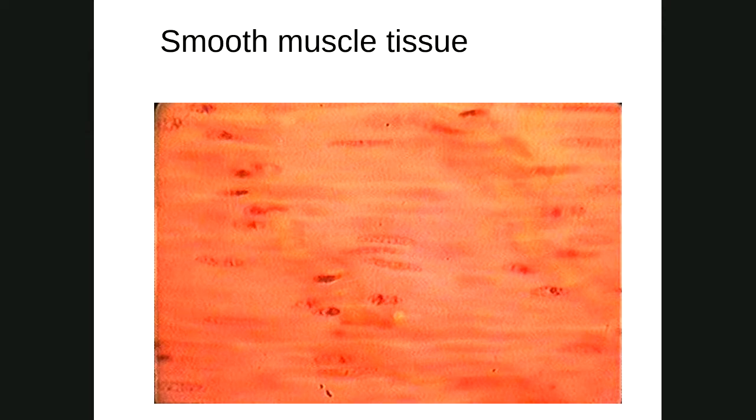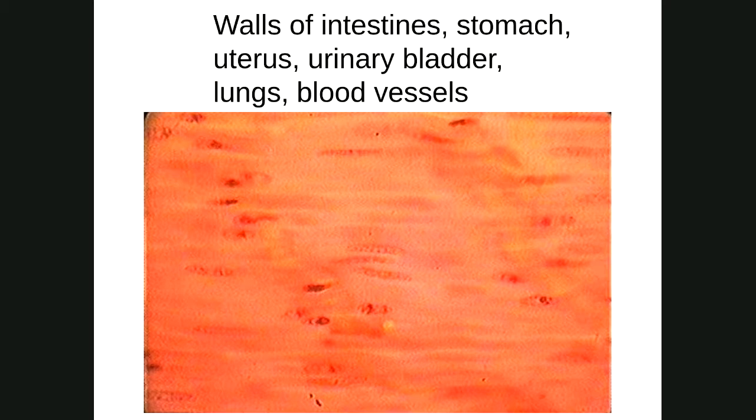Okay, smooth muscle. We call it smooth muscle because there's no striations here. You do not see a single striation. Where do we find it? In the tissue walls of several organ systems. For example, in the stomach, in your small and large intestines. You'll even find it in the middle layer of your blood vessels, and that allows for your blood vessels to get really big or really small.